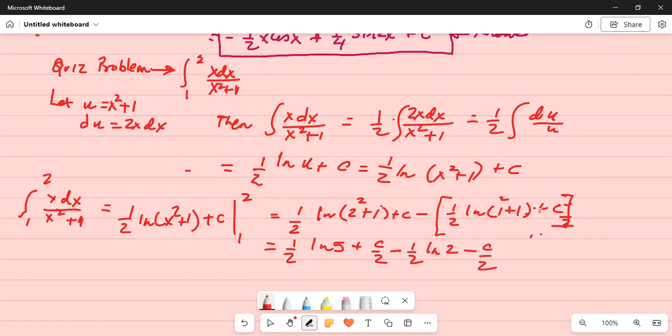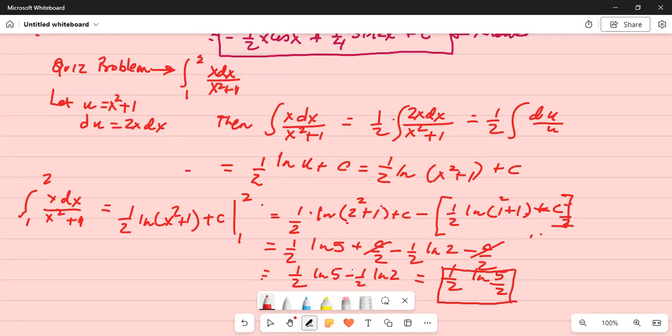Since a minus and a plus becomes minus, the constant terms cancel out. So we have half ln of 5 minus half ln of 2, which is half ln 5 by 2. So that's your final answer: half ln 5 over 2.